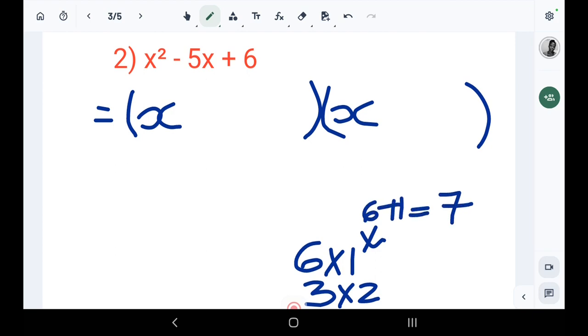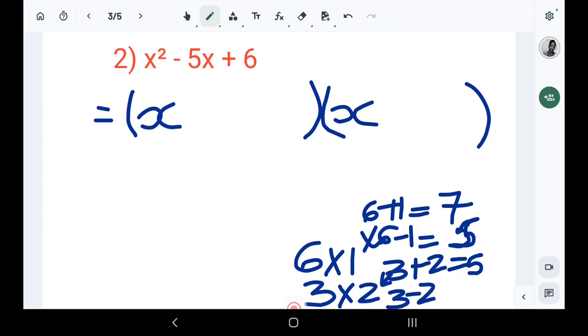When we subtract them, 6 minus 1 gives us 5. The second factor pair, 3 plus 2, gives us 5, and 3 minus 2 gives us 1. Now the factor pairs that give us 5 in the middle are both the first one and the second one.